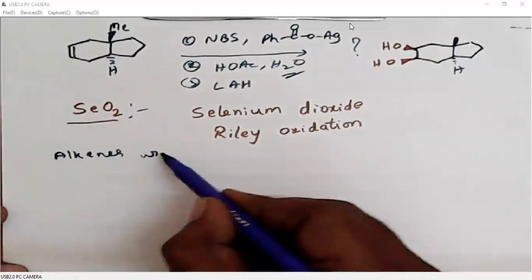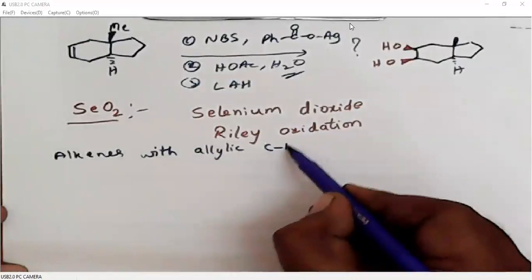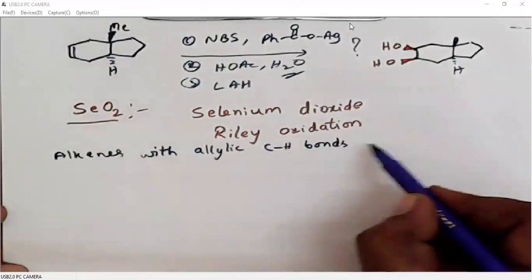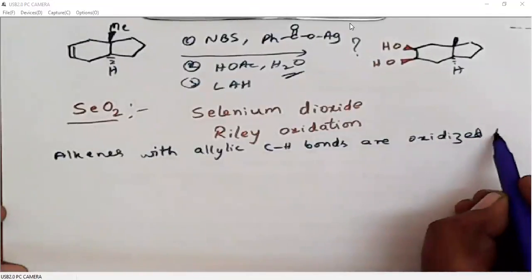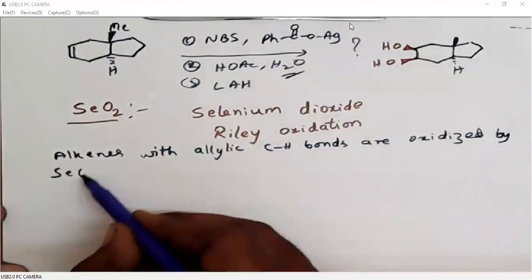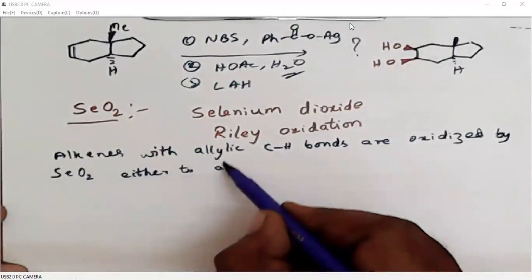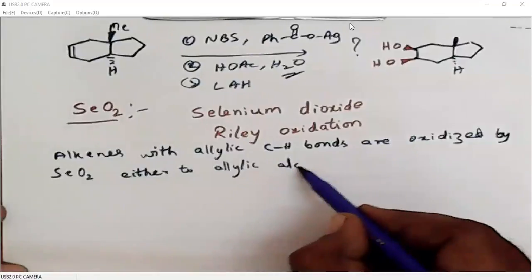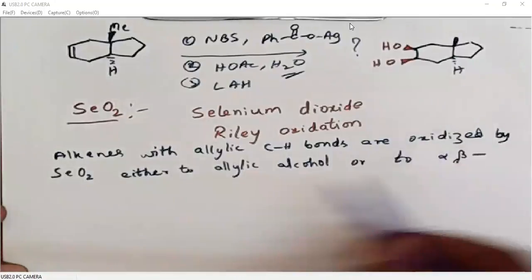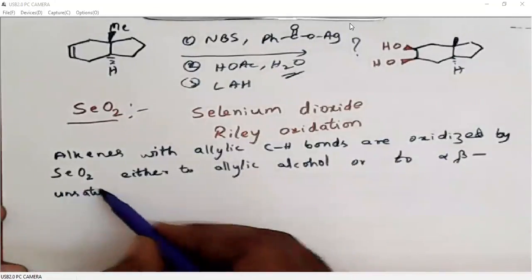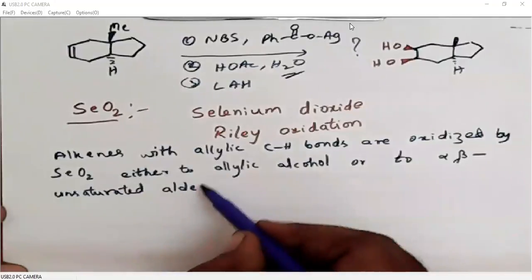Alkenes with allylic CH bonds are oxidized by SeO2 either to allylic alcohol or to alpha, beta unsaturated aldehydes and ketones.